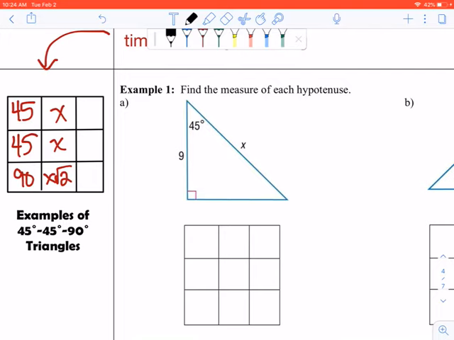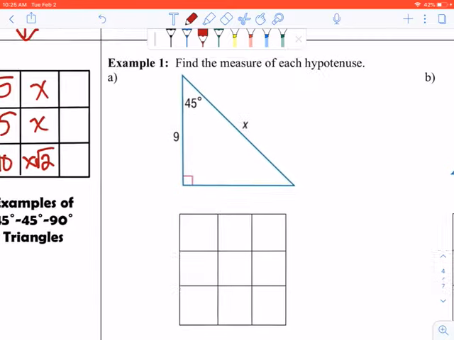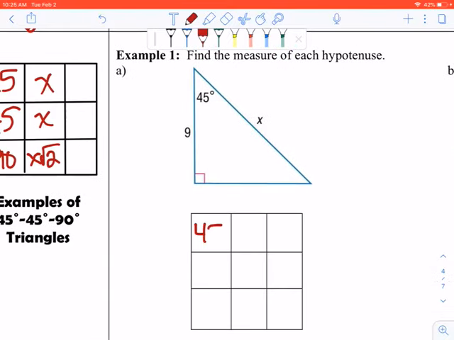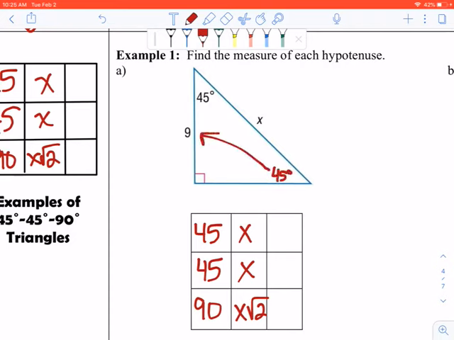Alright, so I need to start by filling out my box with what we just filled out. So for a 45, 45, 90, I have x, x, and x root 2. In this case, I'm given that side is 9. It helps to fill out missing angles sometimes, so that way you can look across.